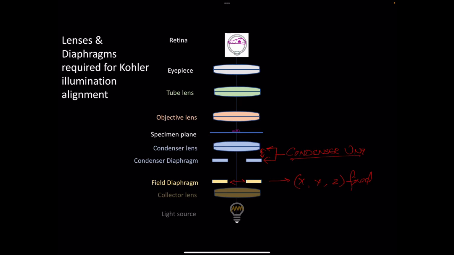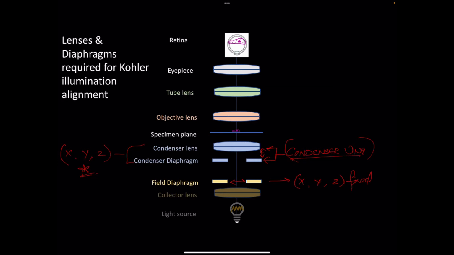The condenser lens and the condenser diaphragm and the distance between them is always constant, so that the condenser lens can be moved back and forth along the z direction, and we can also move this condenser unit in x, y and z. So this condenser unit has movement along x, y and z as well. All three planes of movement, or three degrees of freedom, are available for this condenser unit.